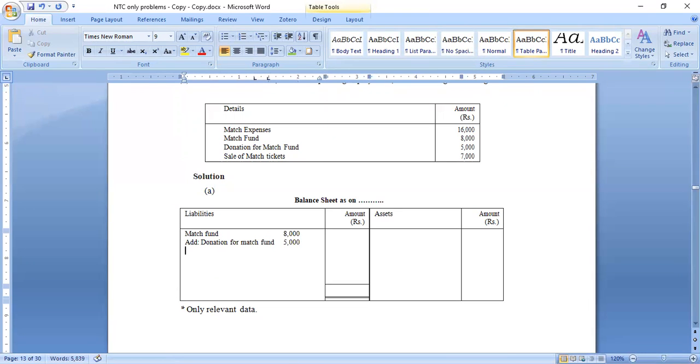So 5,000. And sale of match tickets, add. So it increases the match fund. Sale of match tickets, 7,000. So it amounts to 20,000.